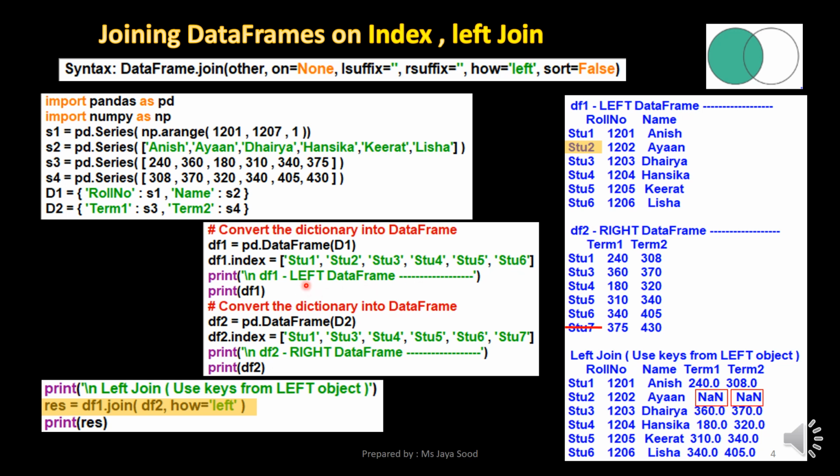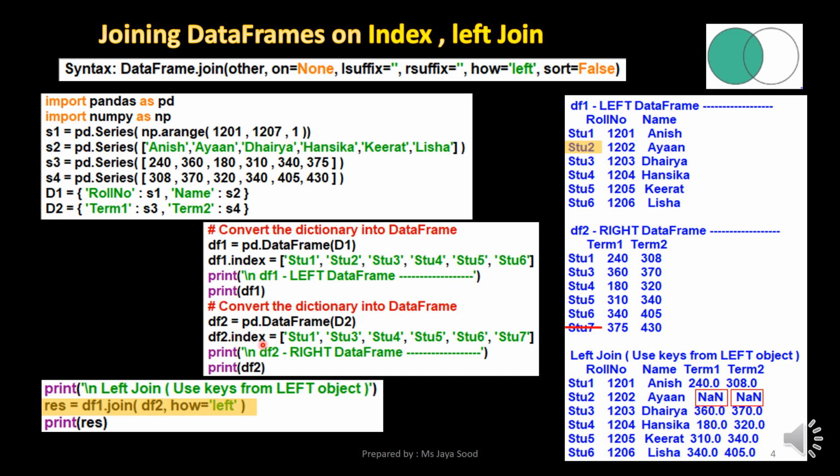This will be our left data frame as shown here in the output. There are two columns, roll number and name, and the indexes are set to stu1, stu2 and so on. The data frame object df2 is created by invoking the constructor and passing the dictionary d2 as a parameter.